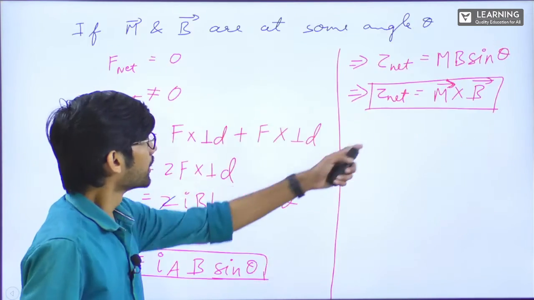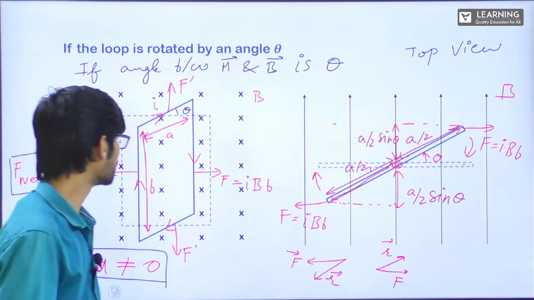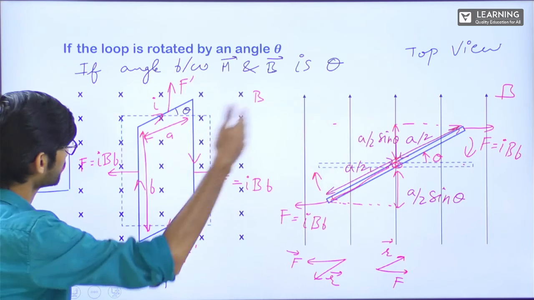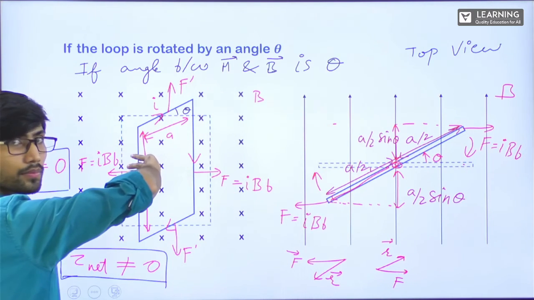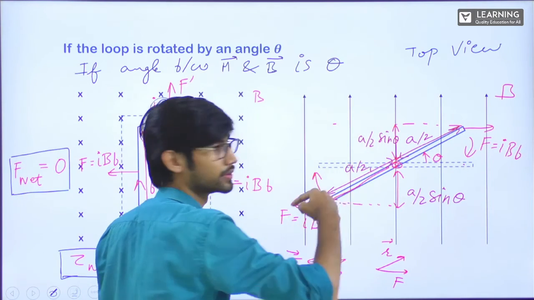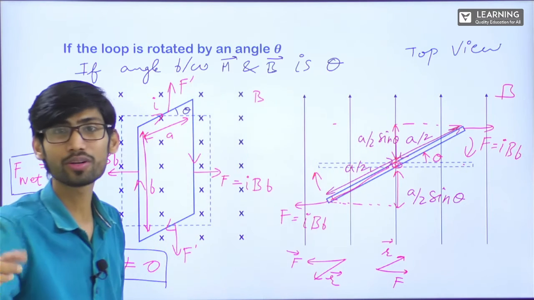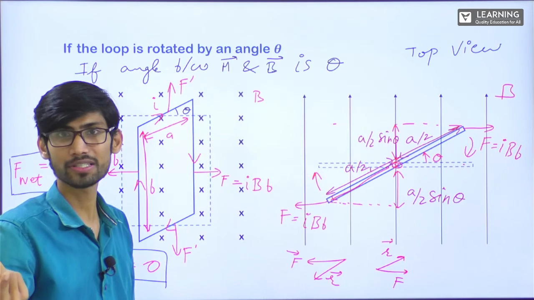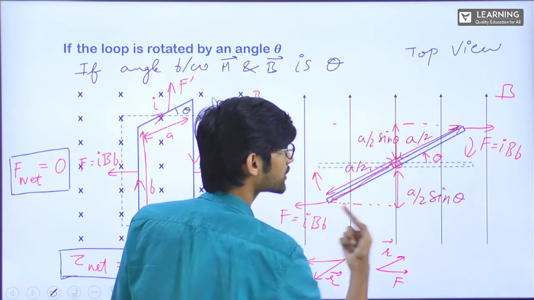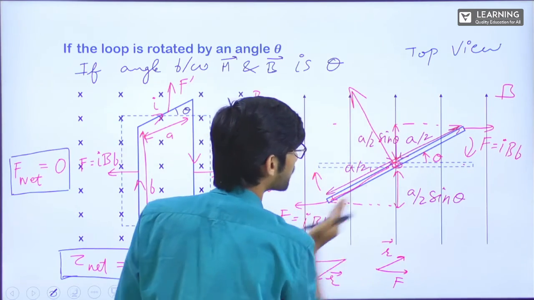Correct? Just do M cross B. The M vector we know is in this direction. From the top, it is in this direction. Right? This is the loop. The M vector will be in this direction, perpendicular. The area vector is perpendicular, and the direction of the area vector is the same as the direction of the magnetic moment. Here, actually the loop is like this, and we are seeing the top view. So perpendicular to this.